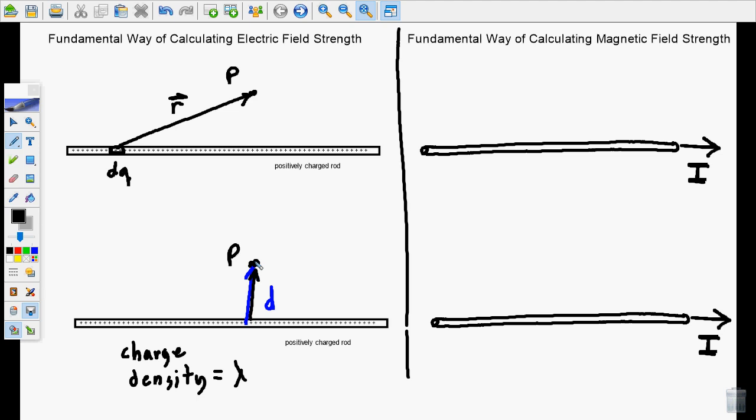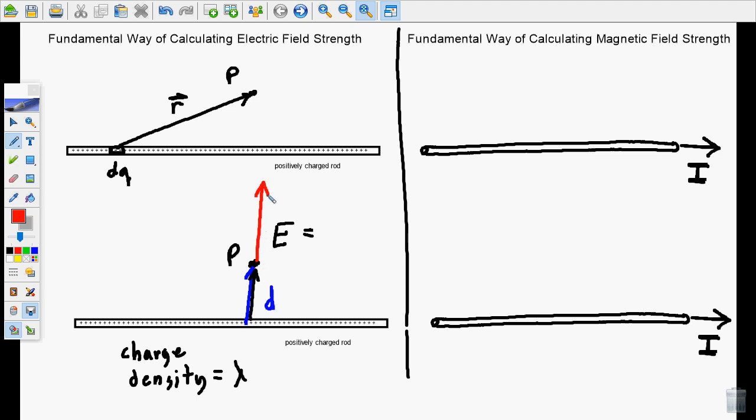Now, we did a long drawn out derivation where we used a trig substitution to solve an integral to calculate the electric field strength of this particular point right above the line charge. And of course, the electric field at that particular point had a direction going up this way.